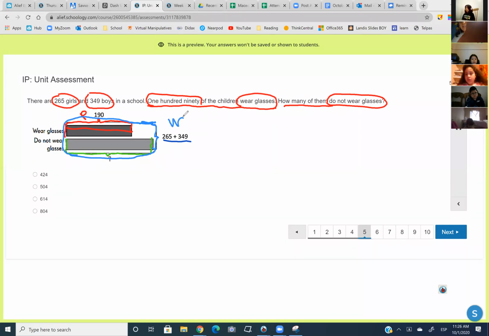And that lets me know that this is the part because the whole is putting everything together. So the first thing I have to do is add these two together. Why? Because they're telling me here to add. So I'm going to add 265 plus 349, and that's 14, 11, and 6. So together, the whole is 614.